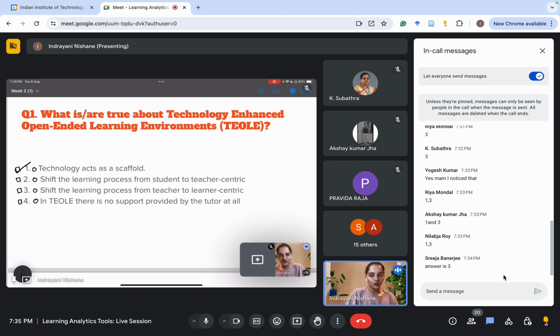Option 2 is shifting the learning process from student to teacher centric. What do we mean by teacher centric and learner centric? A teacher centric process is where the entire control of teaching, learning and the learning experiences is in the teacher's hand, where learners have very little liberty of asking questions or deciding which topic will be taught.